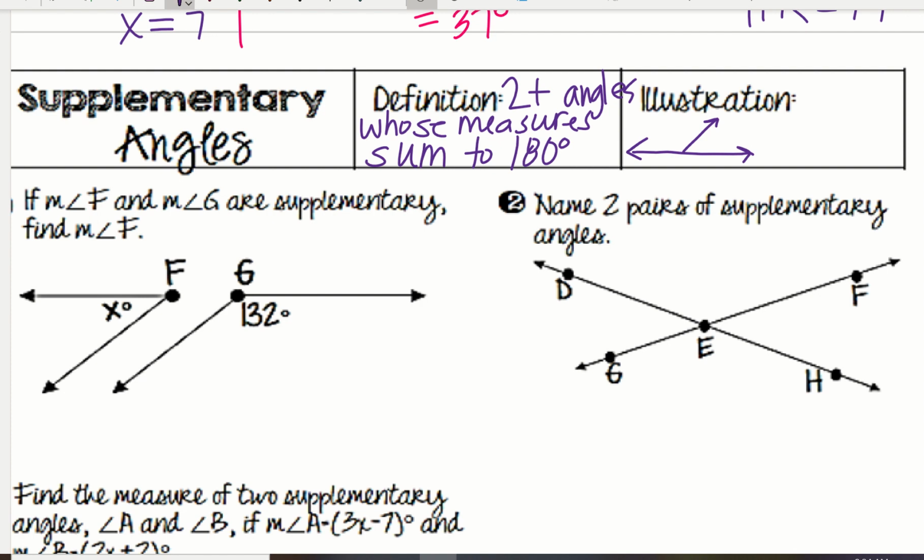Or they could be separate from each other, so if I have this and then that one, and I'm going to make it different numbers this time, 152 and 28, because those would add up to be 180.